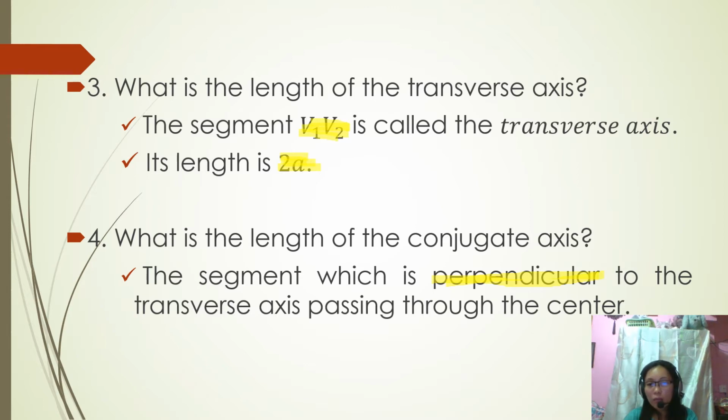So, moagi gyapon siya sa center. So, the length is 2b. Okay? 2b. Ang transverse axis, ang iyang length is 2a. Ang conjugate axis, ang iyang length is 2b. Familiarize. Absorbed. Breathe in, breathe out.